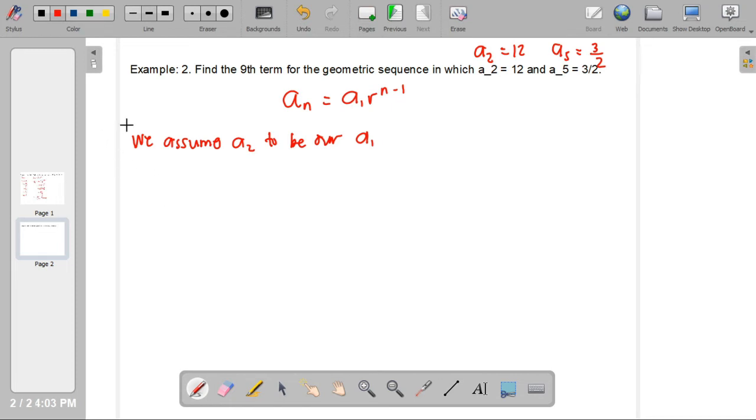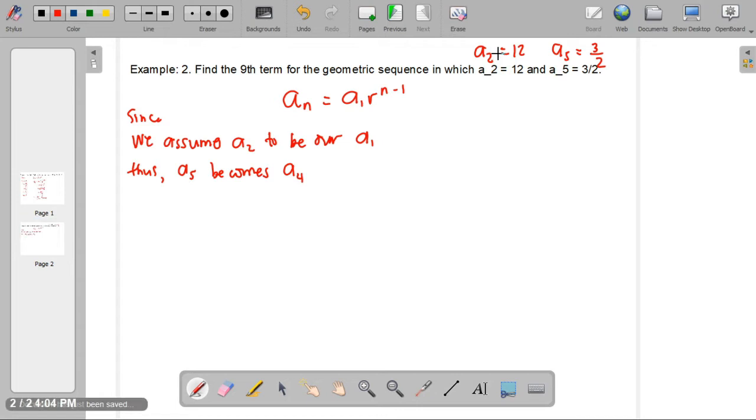Hence, since we assume a sub 2 to be our a sub 1, a sub 5 becomes a sub 4.